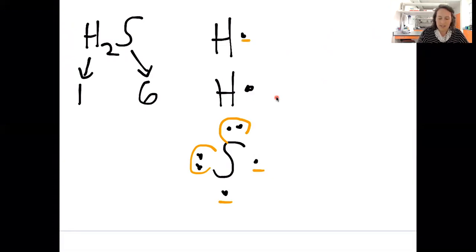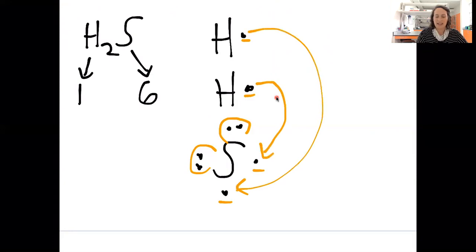I also need to pair it up with 2 hydrogen electrons that need to make a single bond only. So this electron will pair up with that, and this electron is going to pair up with that, and that's going to give me my correct structure of H2S.